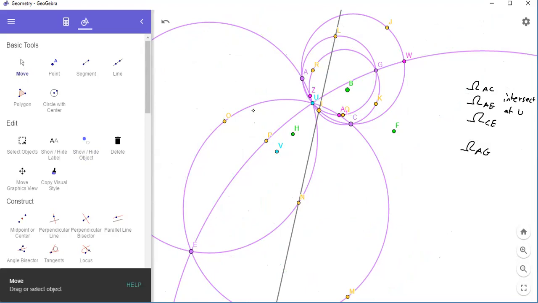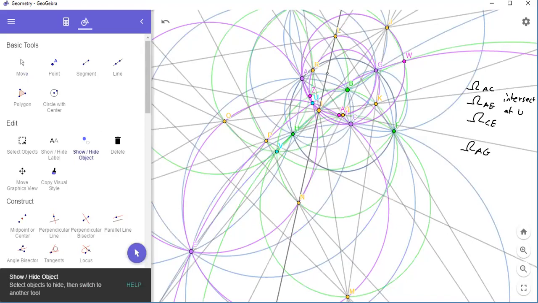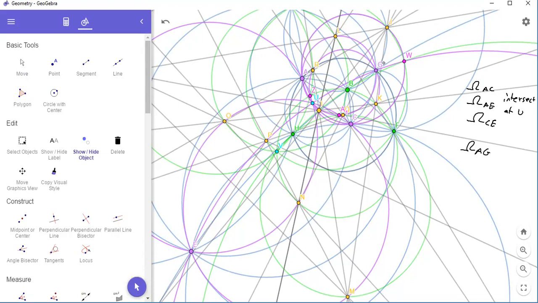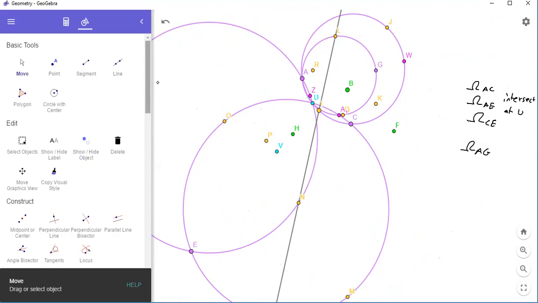Let me also write, so we're interested in CG. The one through CG, that should be this one, and also EG. So the one through EG, the bigger one. Okay, so that's the first one here. All right, so this is what we have.